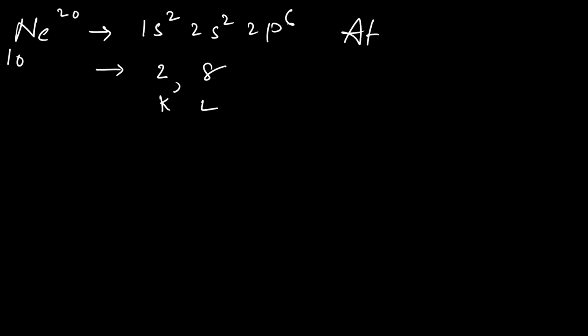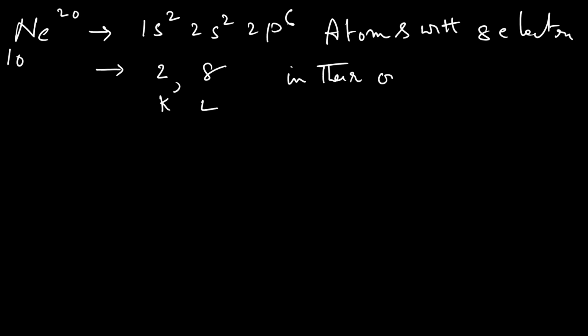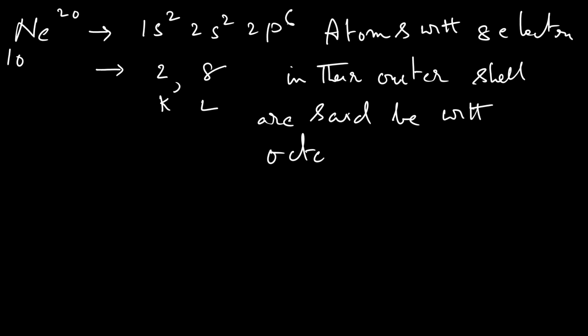So atoms with 8 electrons in their outer shell are said to have their octet completed.